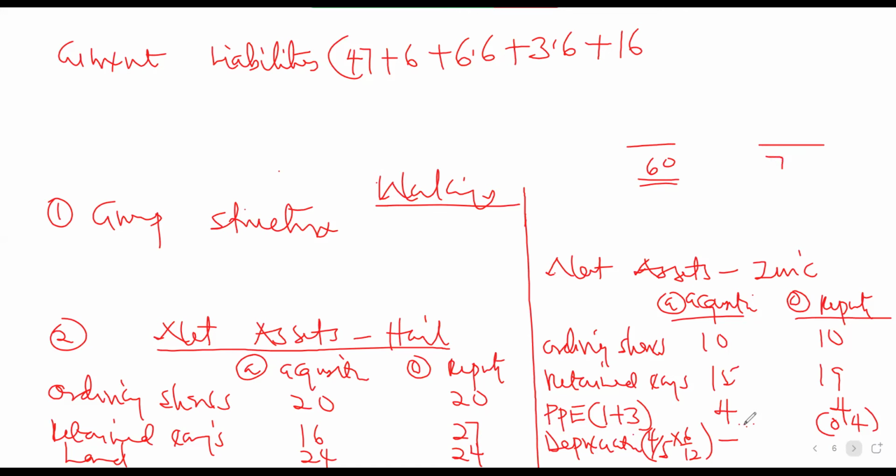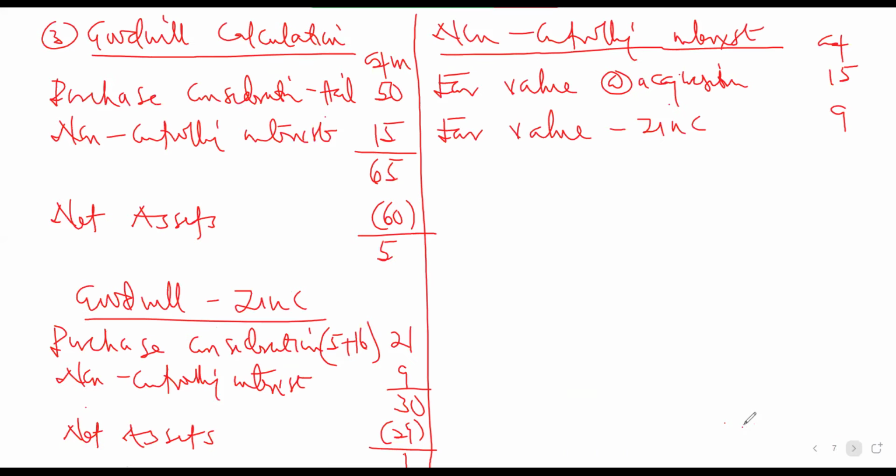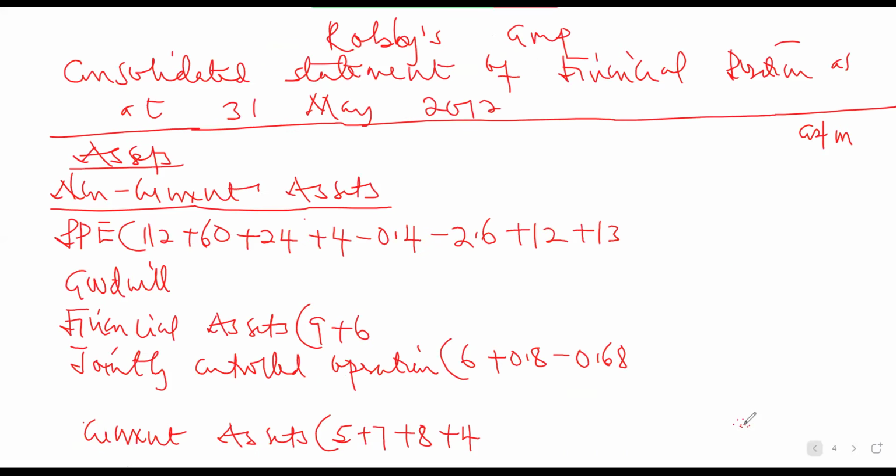I'm having 71. Okay. Post-acquisition profit will be 11. Is that correct? Okay. Total goodwill will be 6 million. So the goodwill over here, working 3, you have your 6 million here.